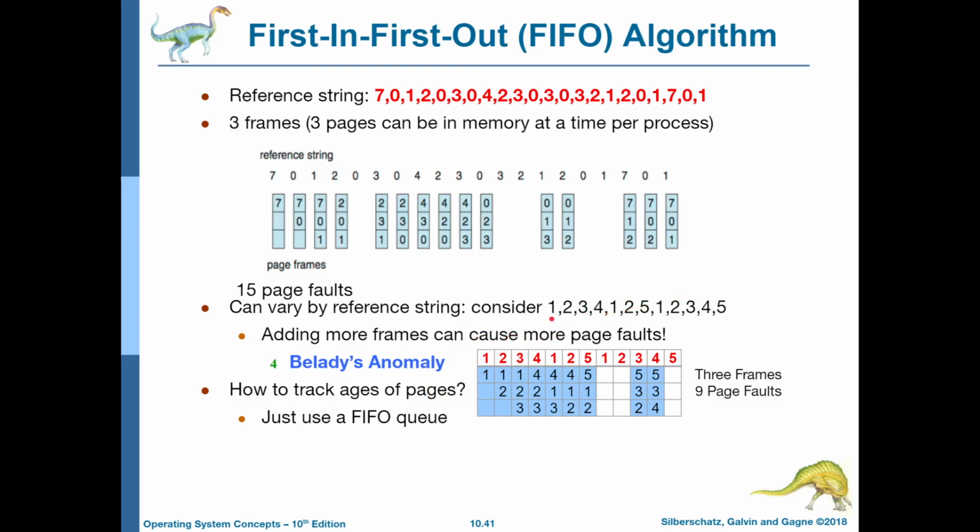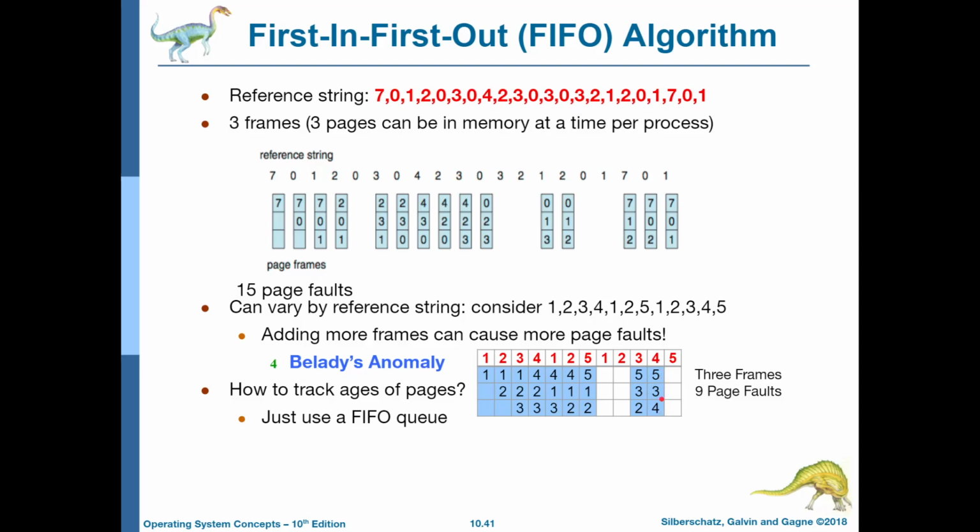So 1 causes a page fault, 2 causes a page fault, 3 causes a page fault, 4 causes a page fault, 1 causes a page fault, 2 causes a page fault, 5 causes a page fault, 1 and 2 do not cause page faults, but 3 does, then 4 does. And the final state of our particular page frame is 5, 3, 4.